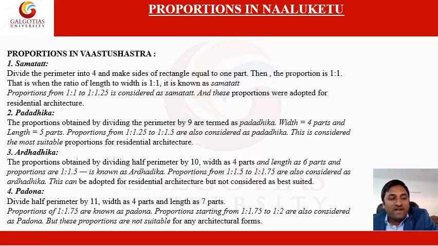Padona: divide the half of the perimeter by 11, width in 4 parts and length in 7 parts. Proportions of 1:1.75 are known as Padona. Proportions starting from 1:1.75 to 1:2 are also considered Padona, but these proportions are not suitable for any architectural form.